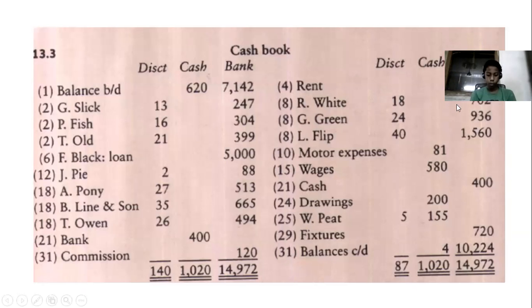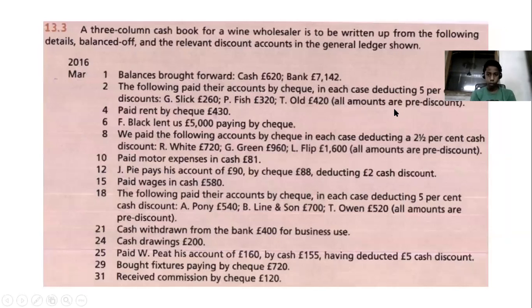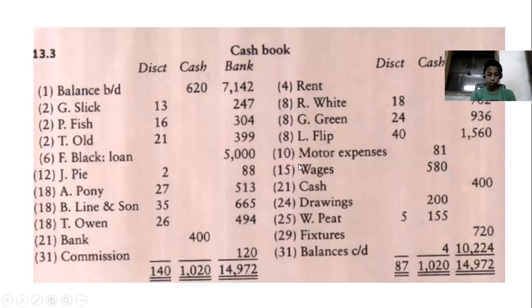And then how will you get 702? 720 minus 18. You will get 702. And you have to record it in the bank column, because we are paying by check, so you will record on the credit side. And the same thing you have to do with the other accounts. Is it clear to everyone?